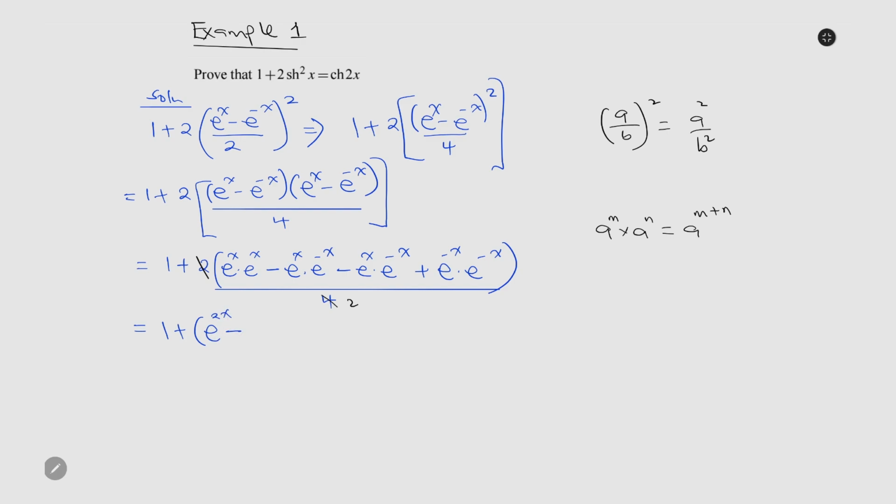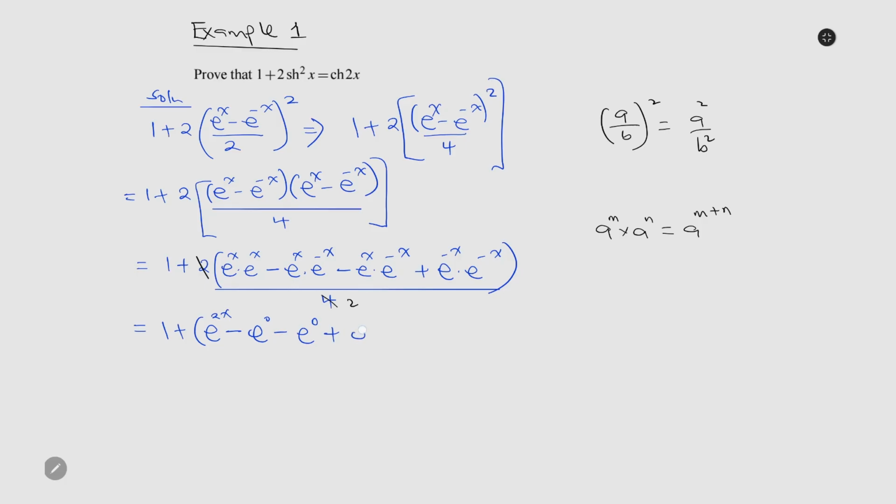Minus. Again, bases are similar, using the same principle, so I add the powers. e will be the base, x plus minus x, or x minus x is 0. So I will have e to power 0 plus, now I have similar bases, so minus x and minus x will give me minus 2x.